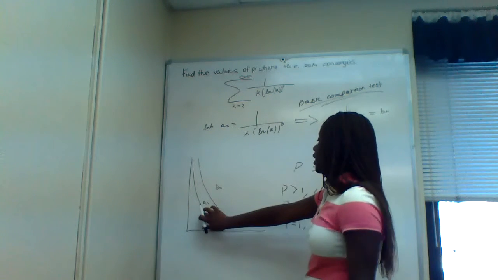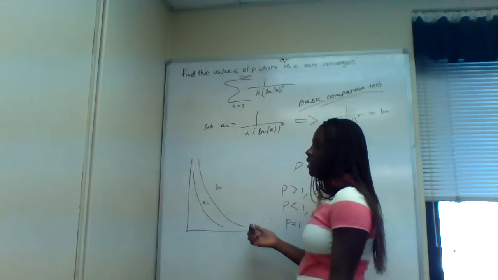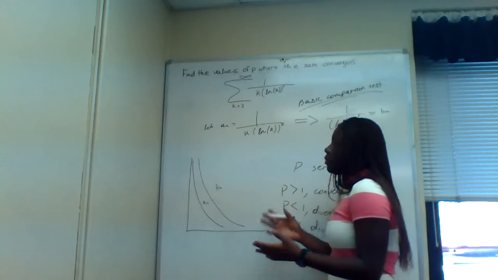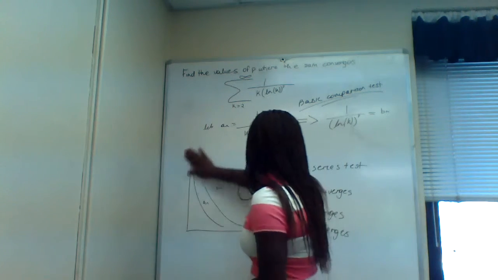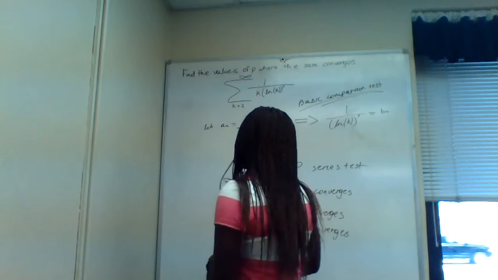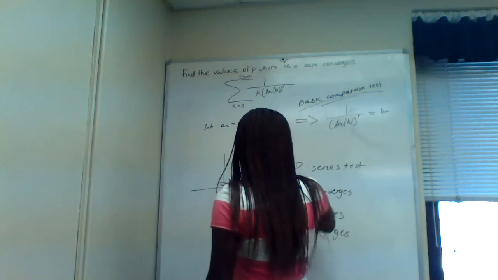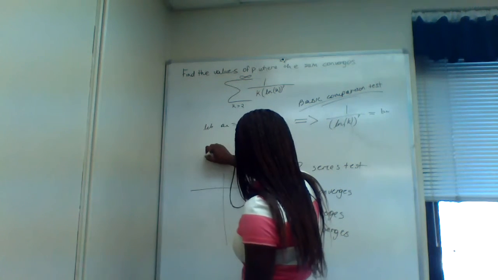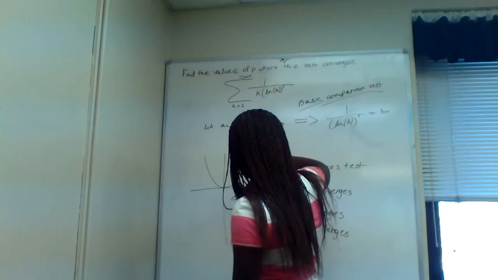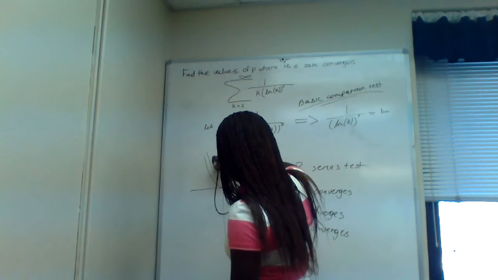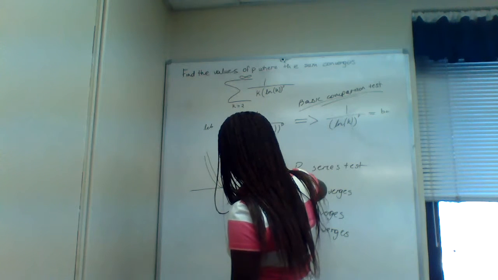But if a of n diverges, we wouldn't be able to tell. The most simple way to explain it is by using x squared. For example, let a of n be x squared, and we've got x to the power 4.